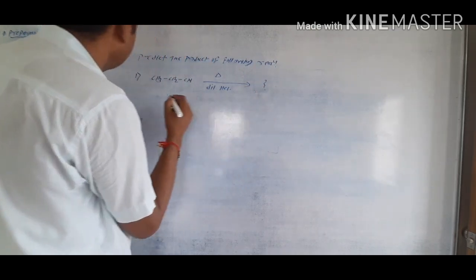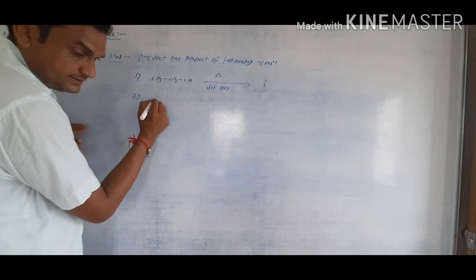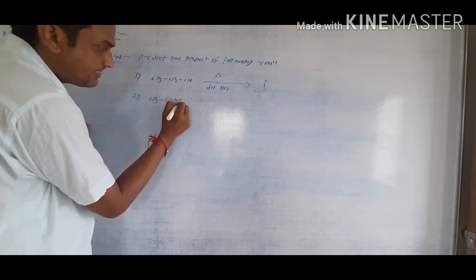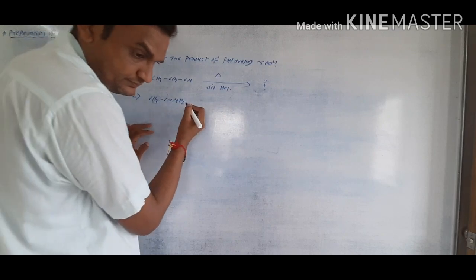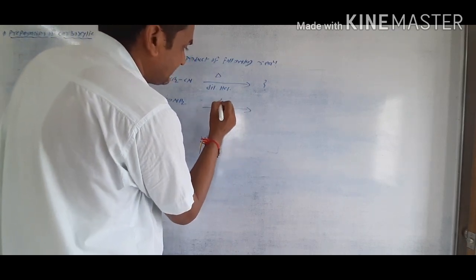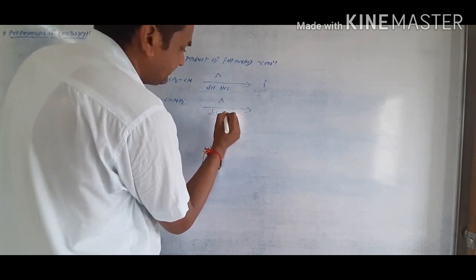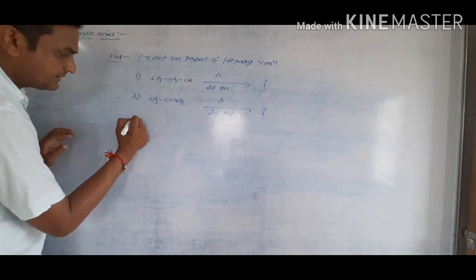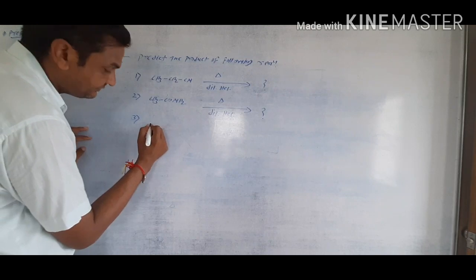What is the product? Second reaction, CH3CONH2 heated in presence of HCl. What is the product?